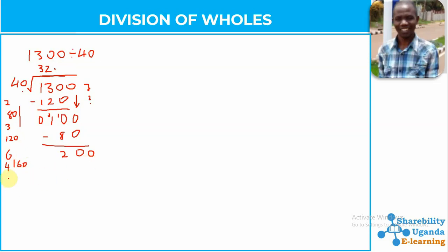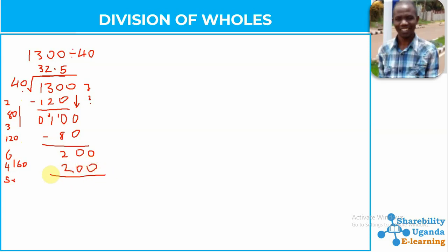That means we try our 5, and we say 5 times 40. What is 5 times 40? What is 5 times 4? We get 20. So this simply means our 5 can work very well. So we shall say 5 times 40, we get 200.